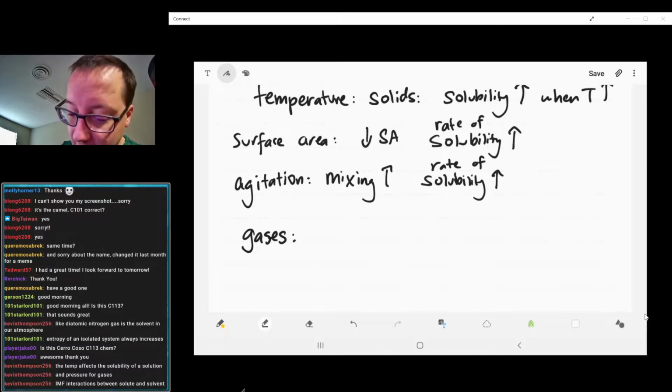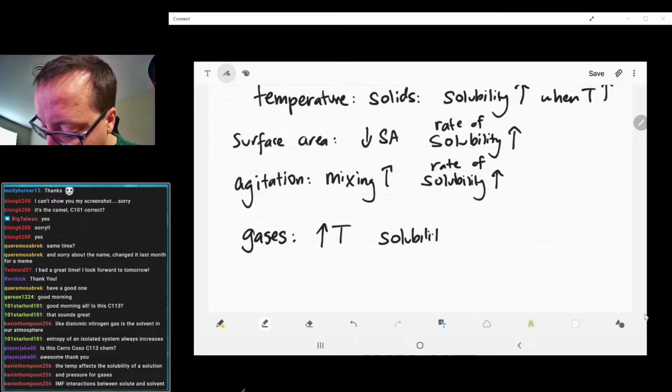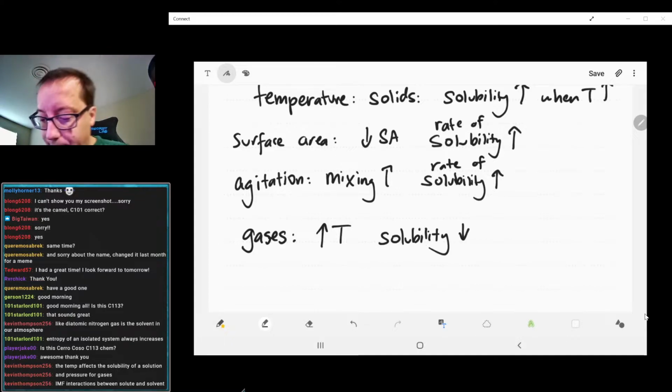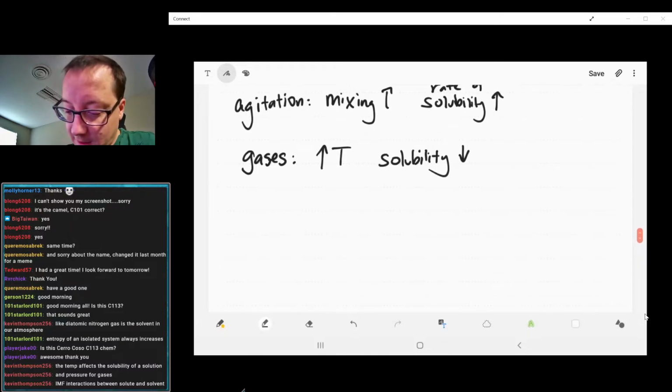We're going to see that temperature increases lead to lower solubility of gases. So the hotter your solution is, the more likely your gases are going to be to get out of the solution. We're going to look at this in just a second here.